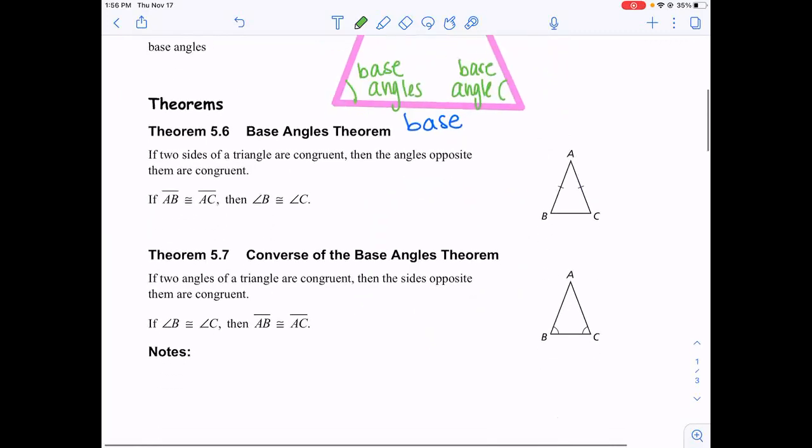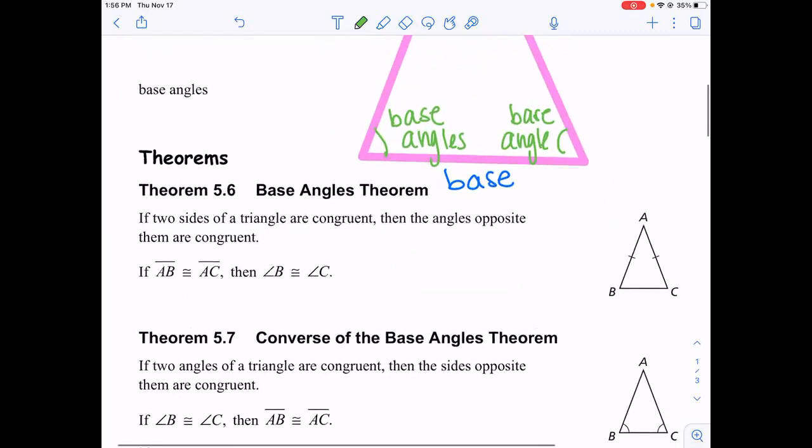Okay, so here's the deal. You now know that if we have an isosceles triangle, then the two base angles are congruent. So if our two sides are congruent, then our base angles are congruent. That is what that is saying.